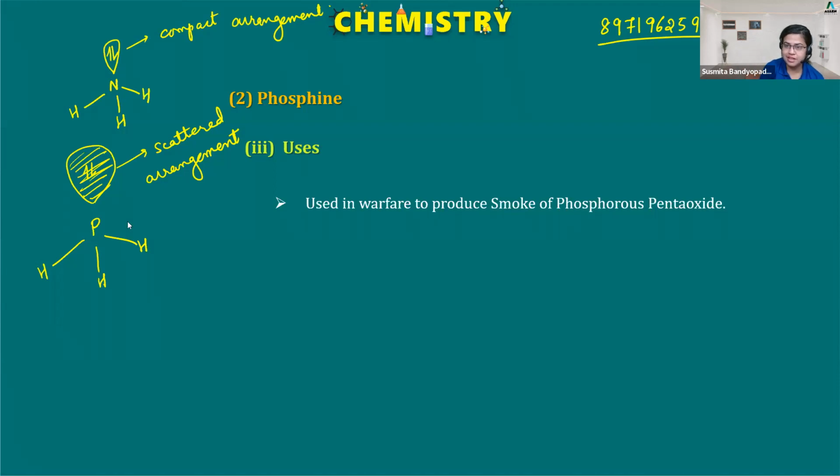Not only PH3, which is only very slightly less basic, but as you go down to bismuth, it has a huge mansion made for just one lone pair. So the lone pair is quite scattered, and when its turn comes for donation, it becomes lazy and doesn't do its job so effectively.